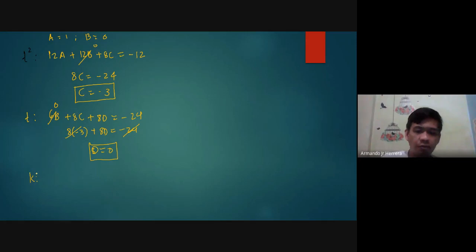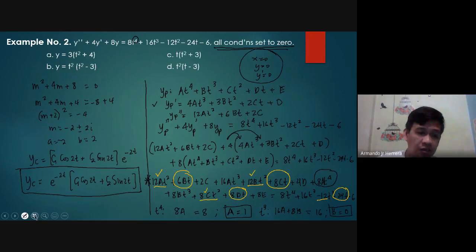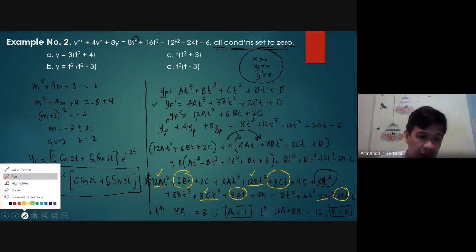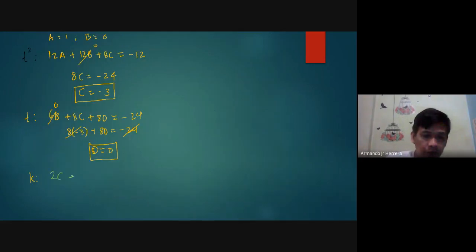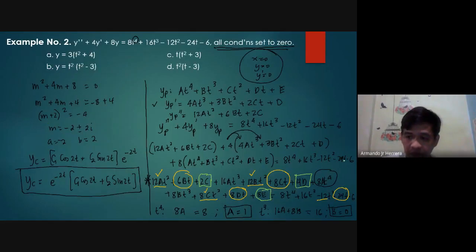Then for constant term, para sa constant, gawin naman nating green. Constant, 2c, 4d, 8e, then positive 6. 2c plus 4d plus 8e equals negative 6.